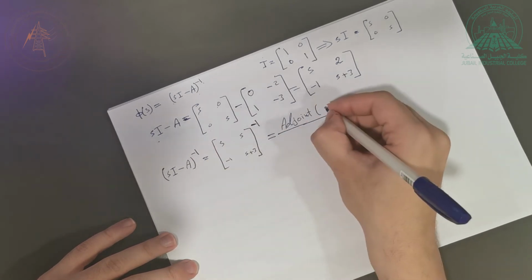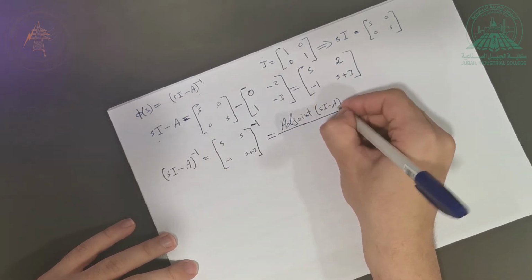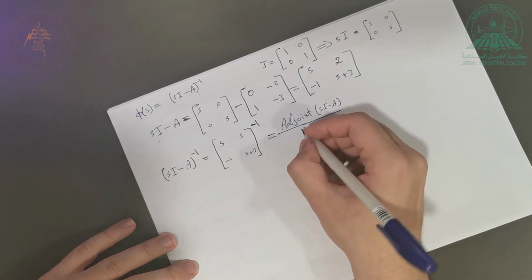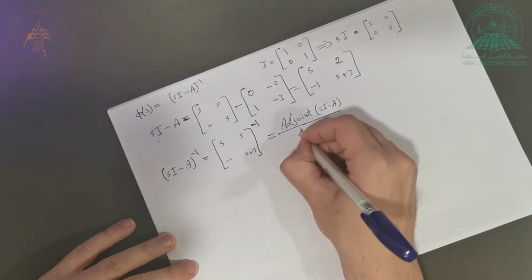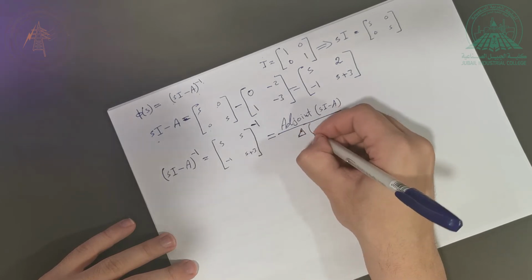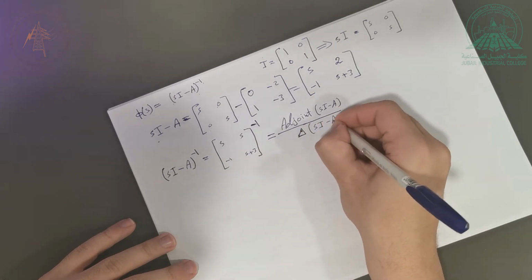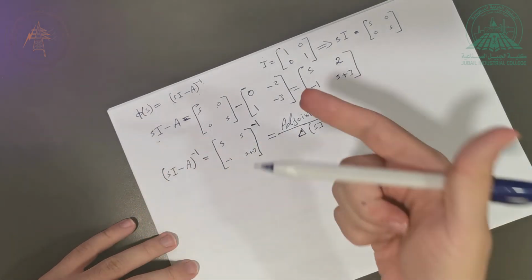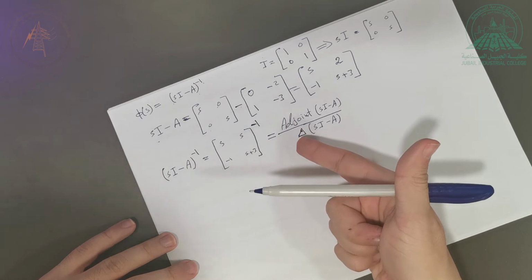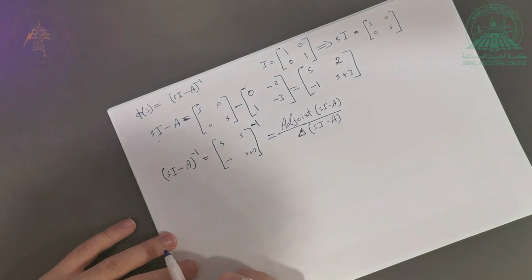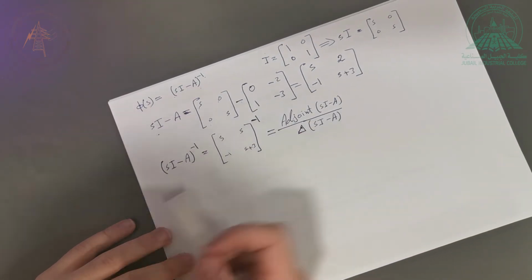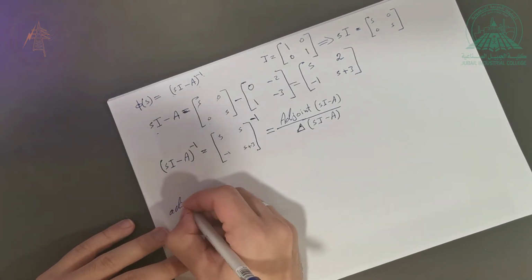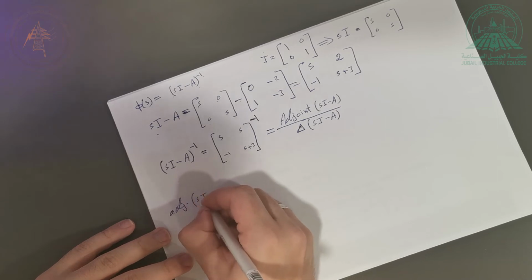So it's going to be the adjoint of sI minus A divided by the determinant of sI minus A. To get the inverse, I need to know the adjoint and the determinant. Let's start with the adjoint of sI minus A.